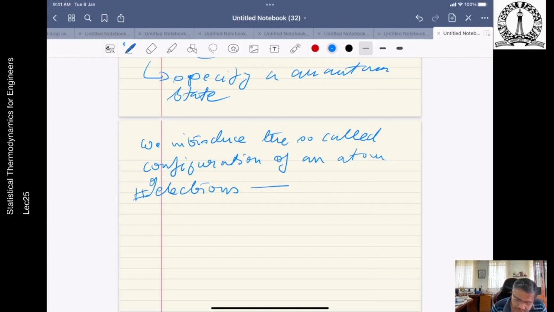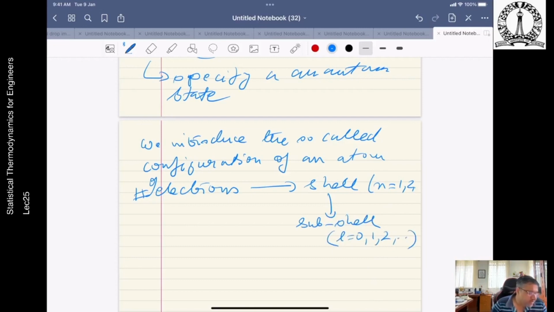Shell is basically n equal to 1, 2, etc., and the corresponding subshell is basically L equal to 0, 1, 2, and so on, of a multi-electron system.